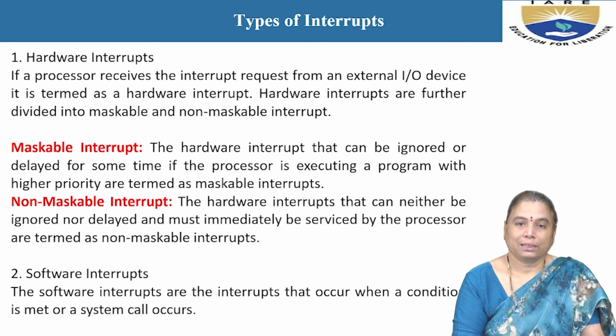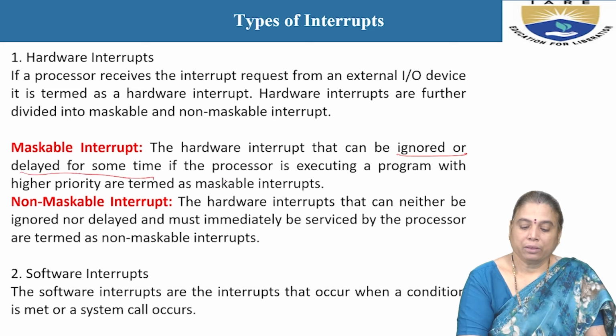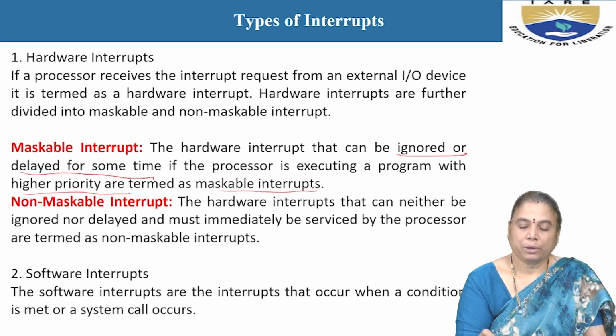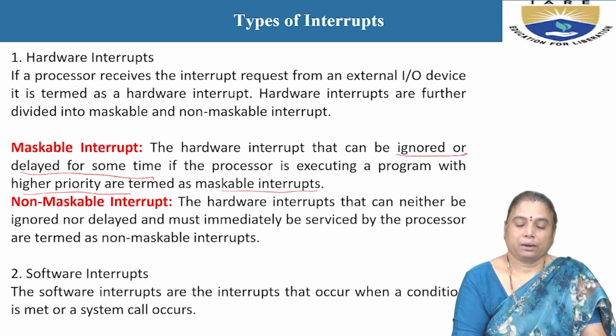Hardware interrupts are further divided into maskable and non-maskable interrupts. A maskable interrupt is a hardware interrupt that can be ignored or delayed for some time if the processor is executing a program with higher priority. So lower priority interrupts can be delayed and higher priority interrupts can be executed.